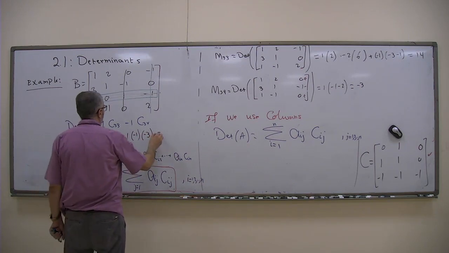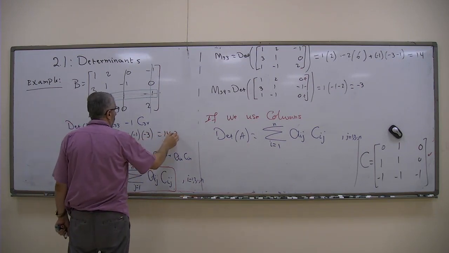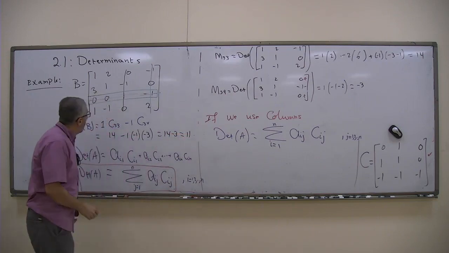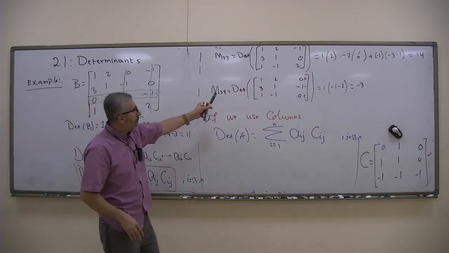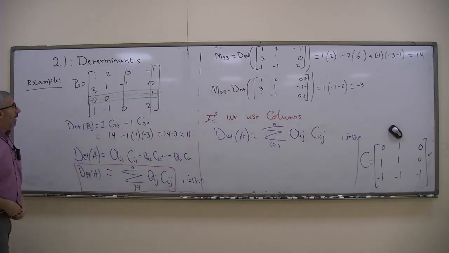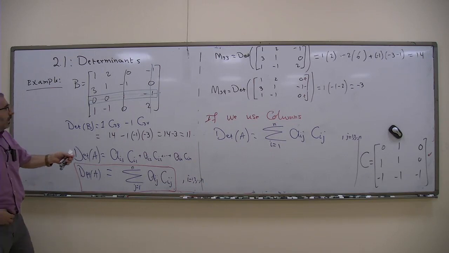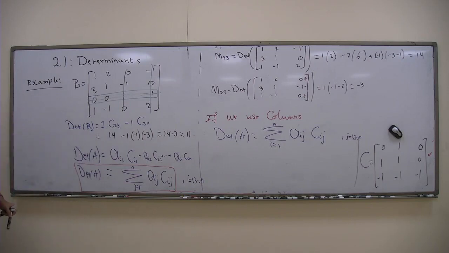So you have 14 minus 3, and that is 11. So the determinant of B is 11. Double check, please, okay? So do this step by step and double check. Make sure you get here 11. If not, I'm making a mistake somewhere, and in that case, you have to catch that.